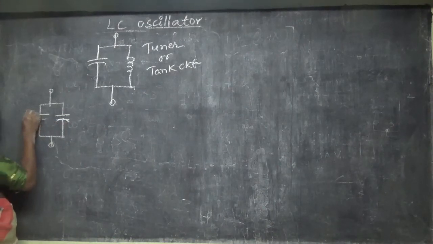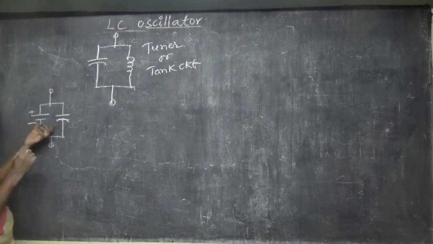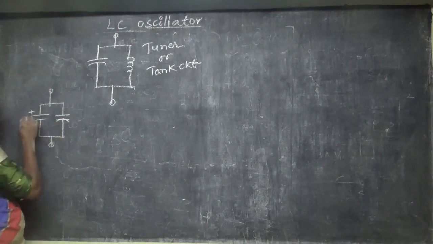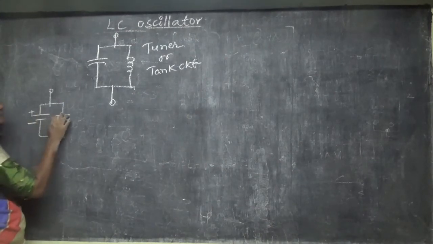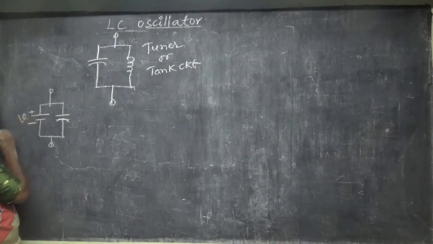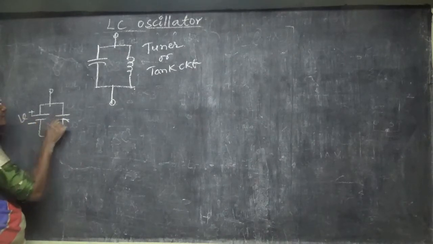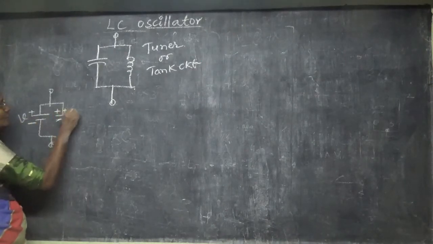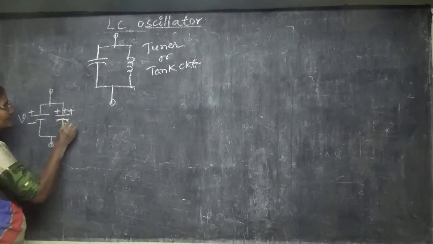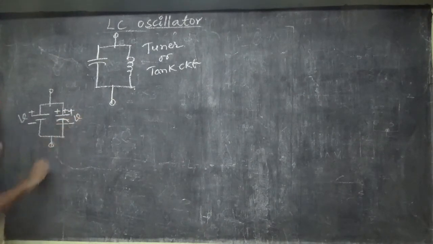Now if a battery of V volts is connected across a capacitor, this battery will charge the capacitor also to V volts.